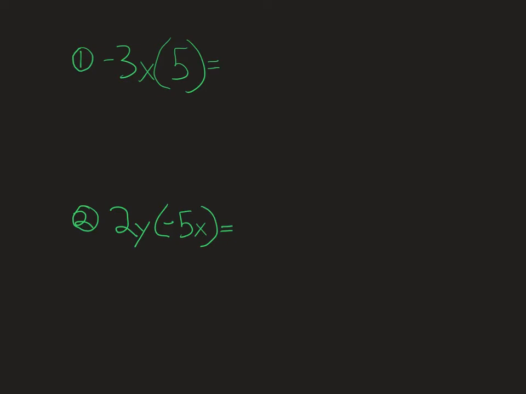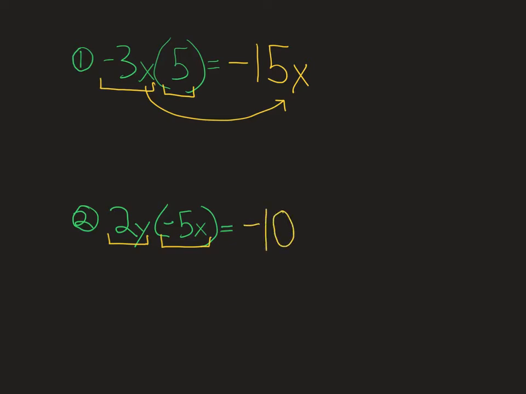Let's just do a couple examples real quick of this, okay? So I'm going to multiply these together, and hopefully it's as simple as it looks. Parentheses tell me multiply. Negative 3 times 5, use our integer rules. Single negative goes to the answer, negative 15. And don't forget your variable. The x goes to the answer. Okay, second one, number 2, 2y times negative 5x. Again, 2 times negative 5, negative 10, single negative goes to the answer.